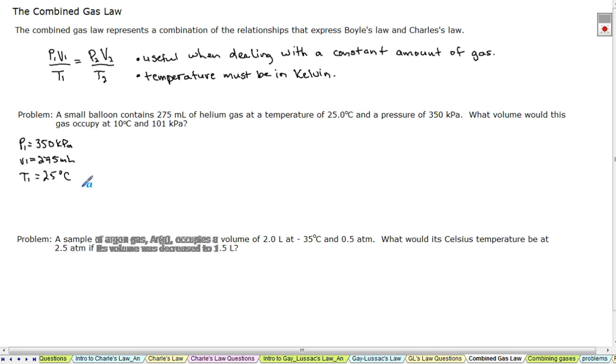Now, what we'll have to do is convert this temperature to Kelvin right off the bat. So we'll add 273, 25 plus 273, and that's going to give us 298 Kelvin.